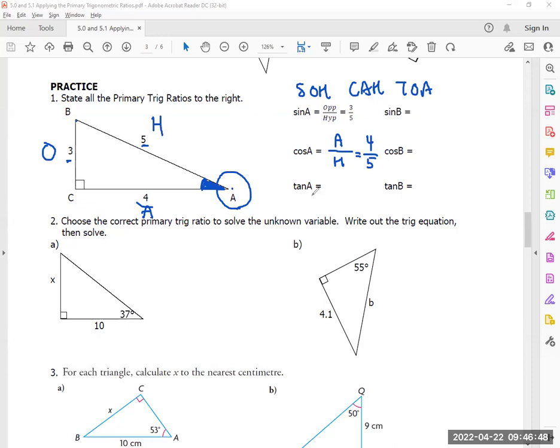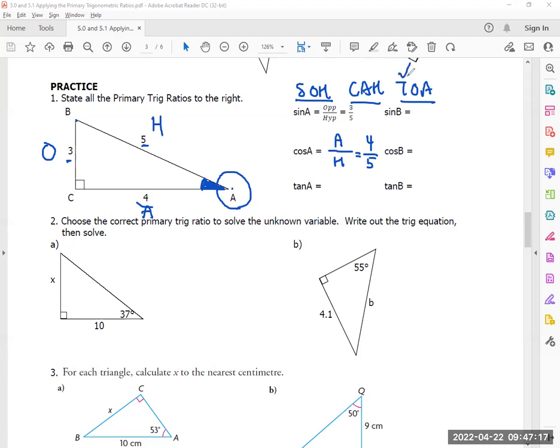Tangent. So you want to try again? What letters am I going to use for the fraction of tangent? For the ratio? Look at the mnemonic, or say it to yourself, SOHCAHTOA. Okay, so I'm going to walk you through it. For SOHCAHTOA, which one of these three words uses the letter T?